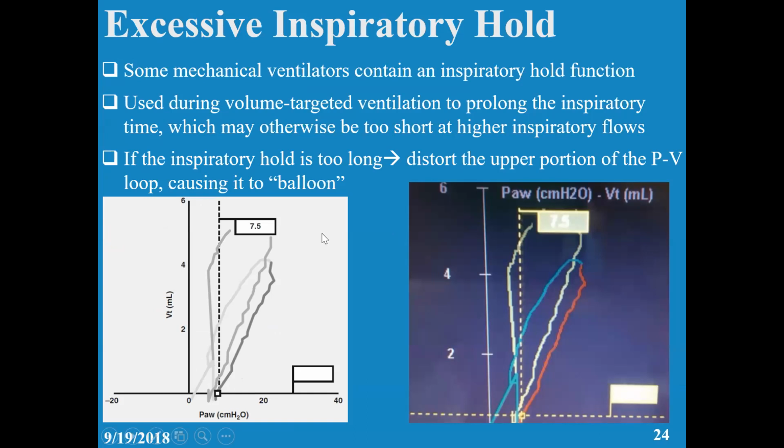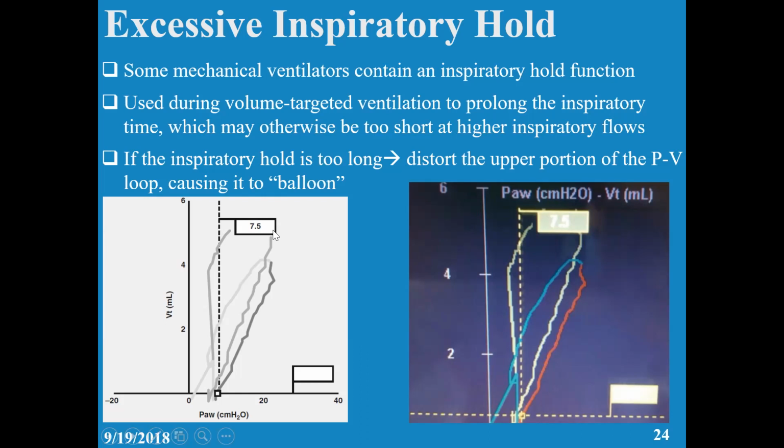Now, inspiratory hold, you can see we're losing the segment. So we have a plateauing of the pressure against volume. We have some time where the flow is not showing or it's staying the same. Or we have distortion, we have disconnection, we have an empty area of the pressure and volume loop.